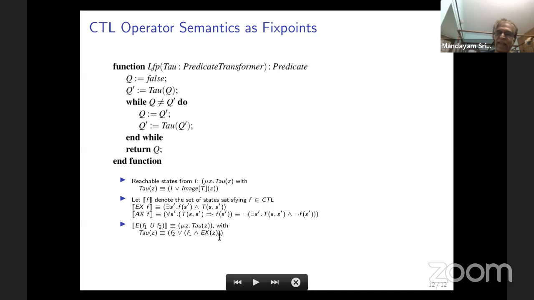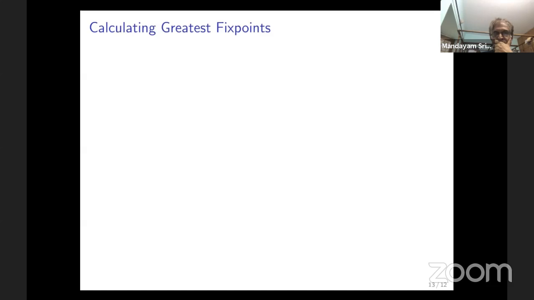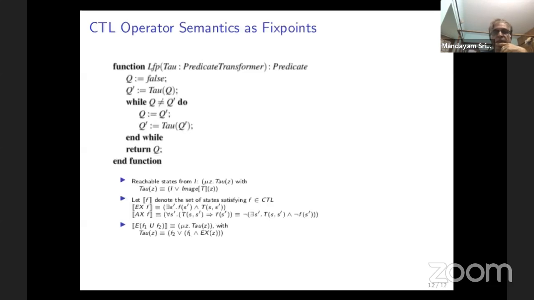Then it'll be clear how those iterations lead to a fixed point of tau, which will end up exactly containing the set of states that satisfy E F1 U F2. In this case, you're starting from false, and then repeatedly applying tau until you reach a fixed point.